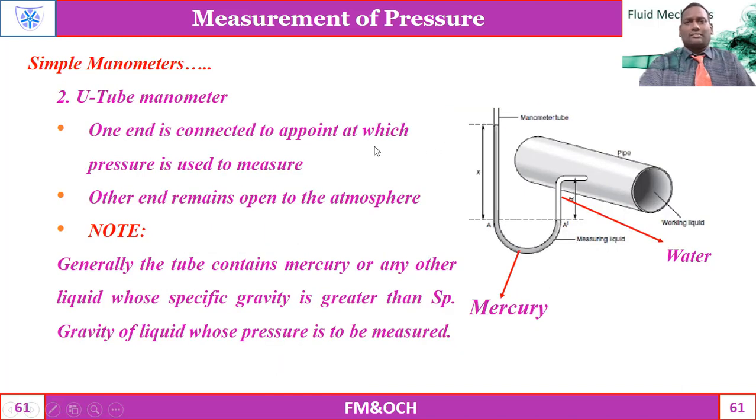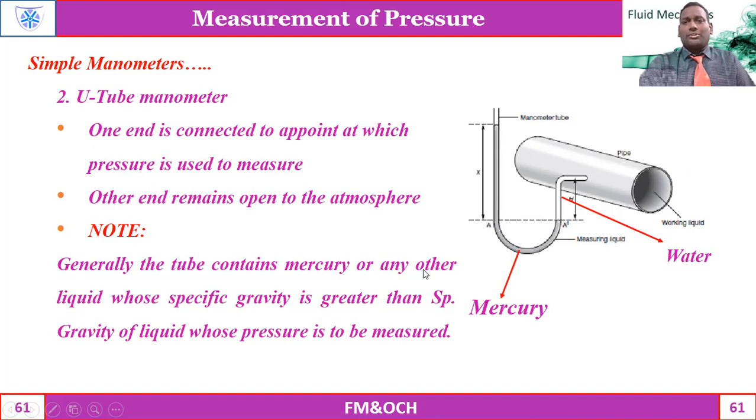Now, another device is the U-tube manometer. As the title says, the tube looks like a U. One end is connected to the point at which we need to find the pressure, and the other end is open to atmosphere.